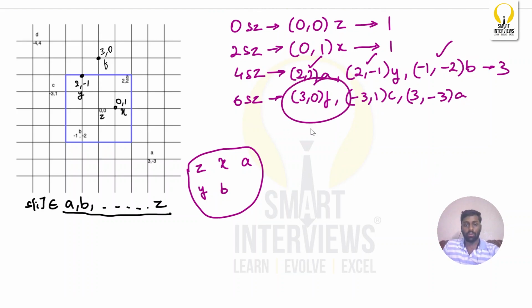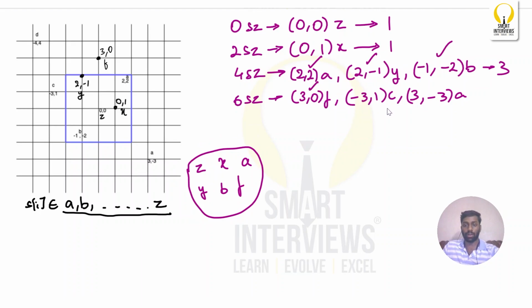Now coming into the first element 3 0 f. Does the element matter to us? Does the coordinates matter to us? No. The coordinates are helping us find which square it is coming in, whereas the character is what is making an impact. Again, have I found an f element here? No. So insert it. This goes into our valid square.